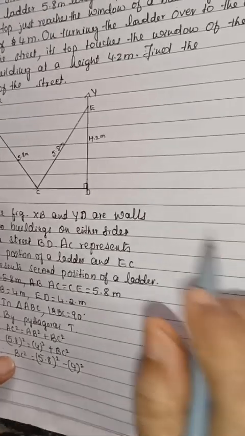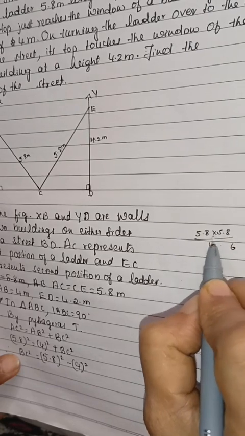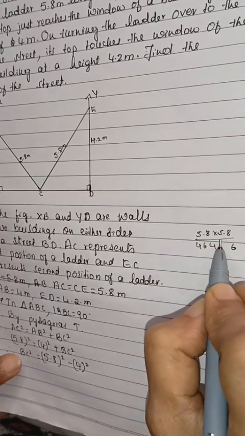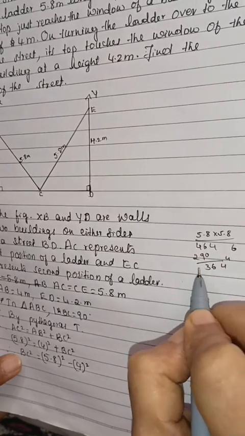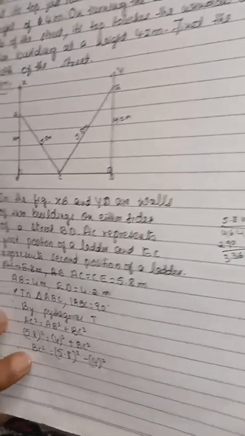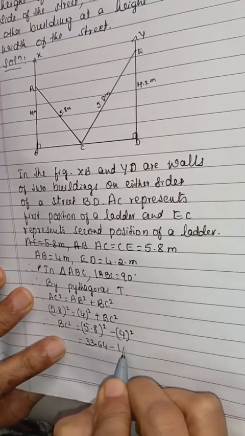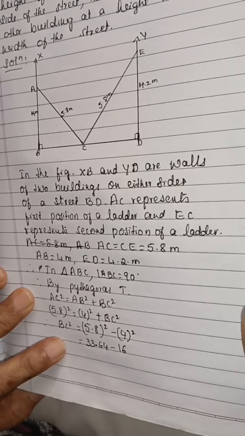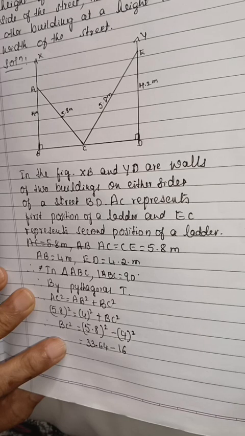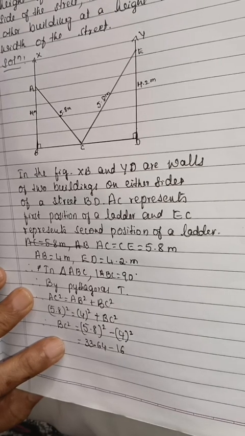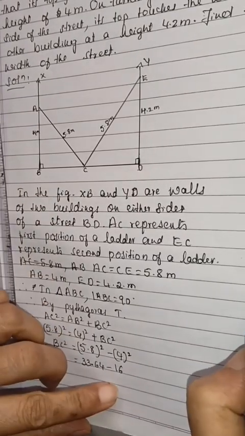Here 5.8 into 5.8 is 33.64. Now 33.64 minus 16.